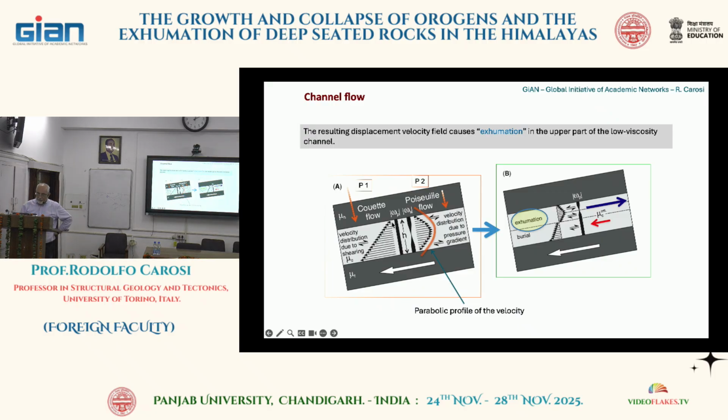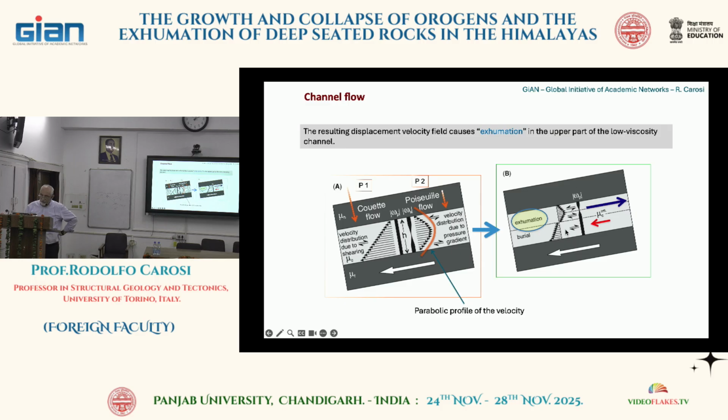When we sum up this Poiseuille flow and Couette flow, difference in pressure and simple shear, the result is that the upper part of the channel is exhumed because the vector moves to the south, whereas the lower part underwent burial because the arrow points to the north.